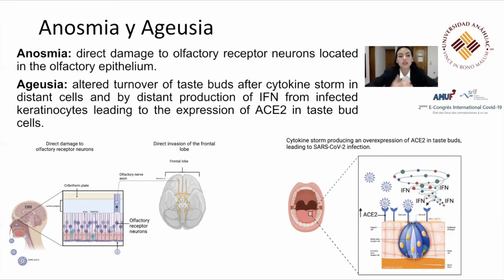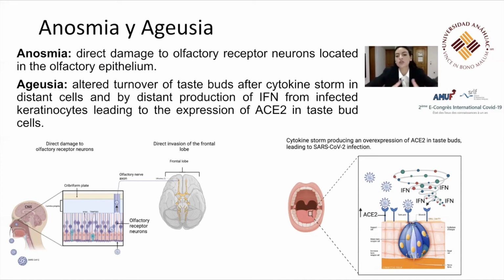Similarly, a neurological study showed widespread tissue damage in neurons, glia cells, axons, and myelin sheaths, associated with the presence of numerous SARS-CoV-2 variants, which became progressively more serious from the olfactory nerve to the rectus gyrus of the frontal lobe and brainstem. And on the right one, ageusia is due to the altered taste bud renewal after SARS-CoV-2 induced cytokine storm in distant cells, as well as a distant interferon production from infected keratinocytes, leading to ACE2 expression in taste bud cells, which in turn may be infected by SARS-CoV-2.